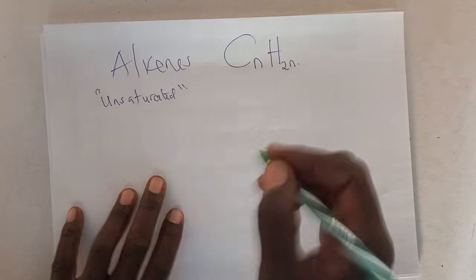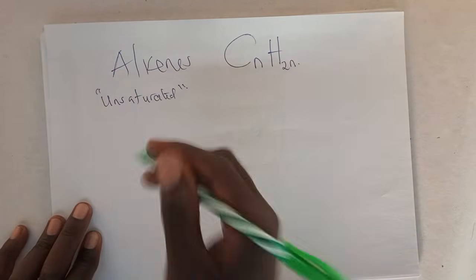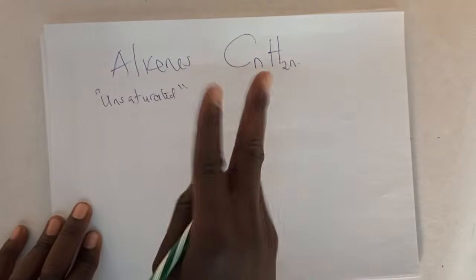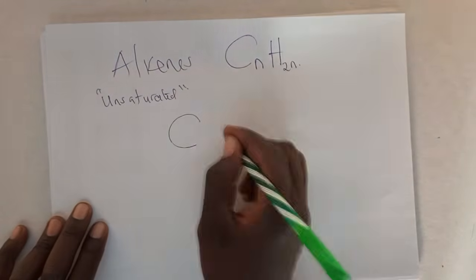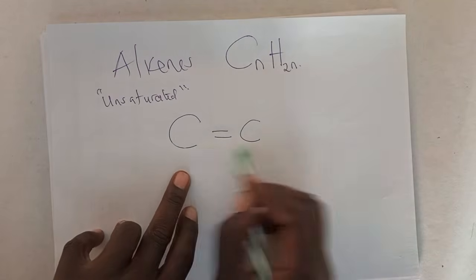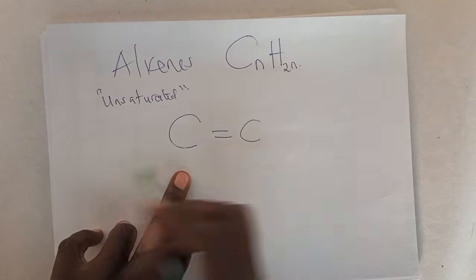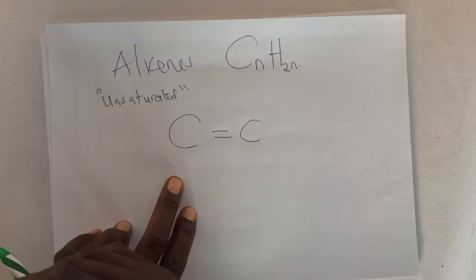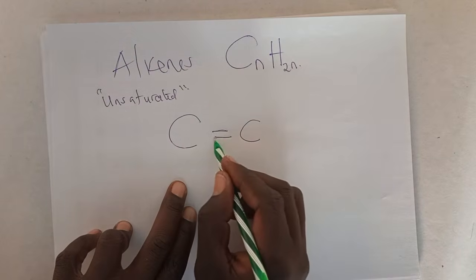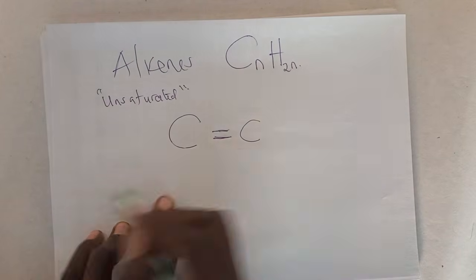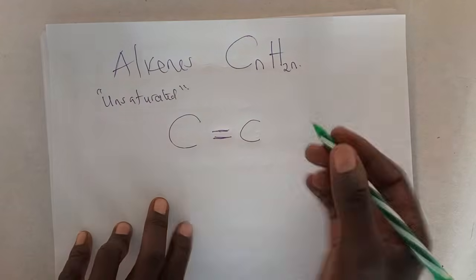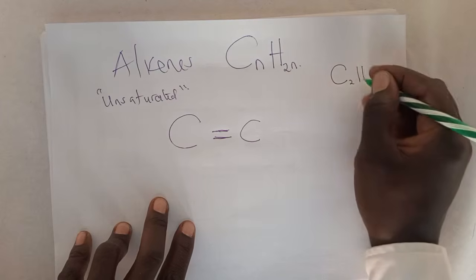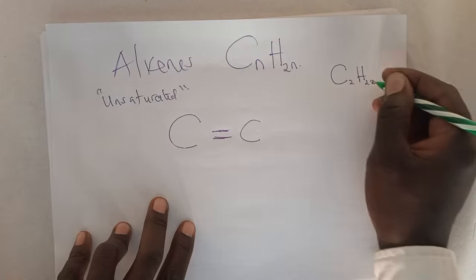For example, because there is a carbon to carbon double bond, the first molecule in alkenes should start with 2 carbon atoms. And how do we find the formula? We put a 2 where there is n, then H2n, and we put a 2 where there is n.